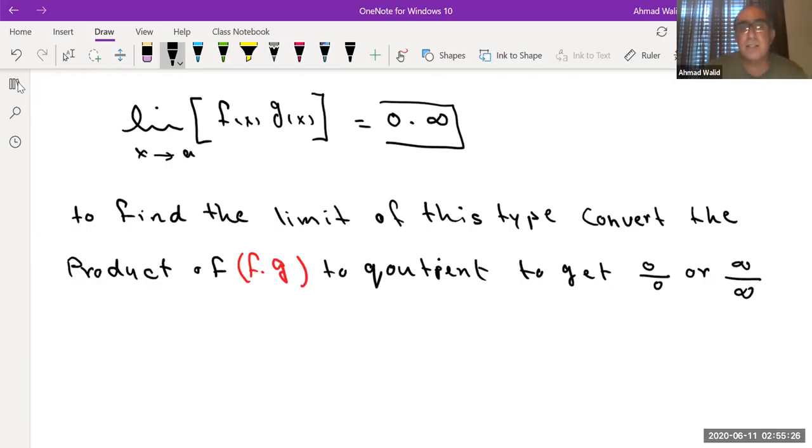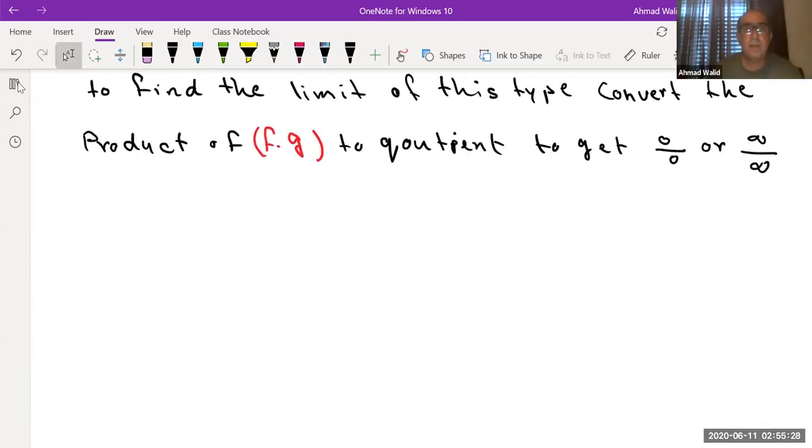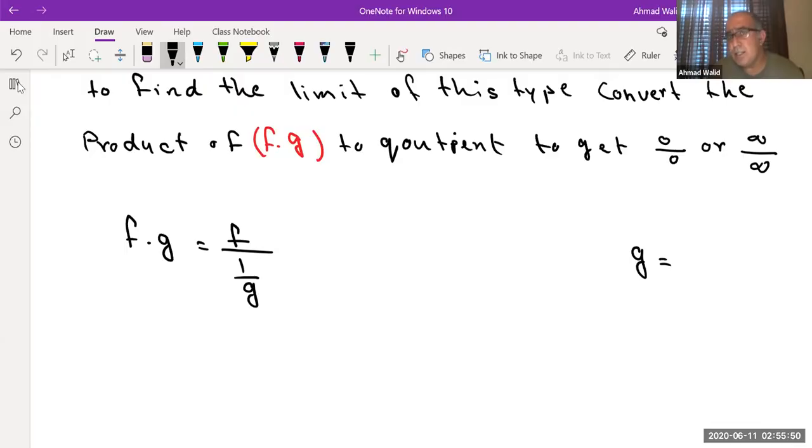What does it mean? Let's translate this. If you have f times g, you can change a product to a quotient, correct? You can write this as f over 1 over g, some algebra, correct? Instead of g, can you write 1 over 1 over g?